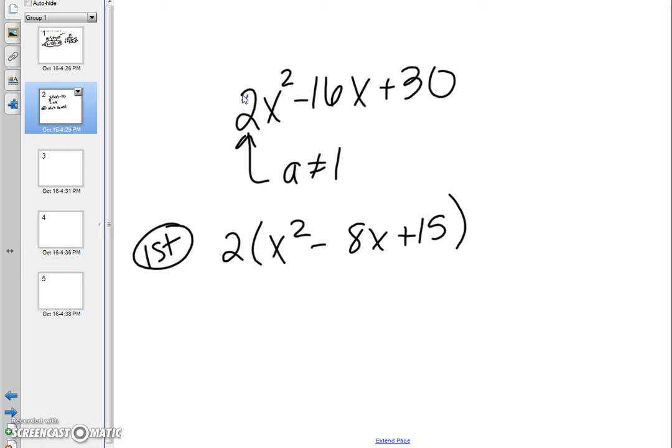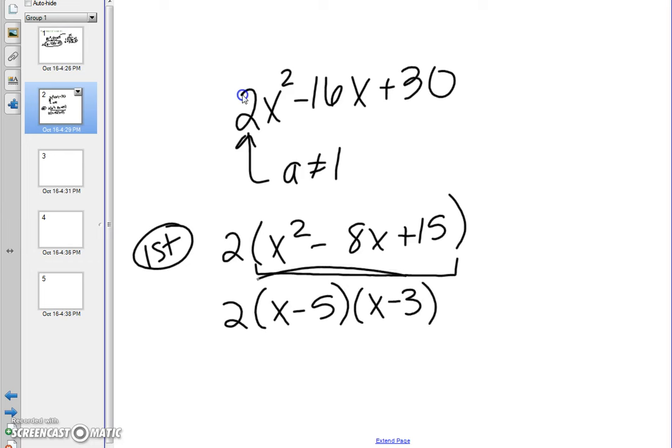What I've done after I factored out that 2 is I made that trinomial a little bit simpler. Now that trinomial that I underlined has A to be 1, the coefficient in front of x squared is 1, and now we can just go straight into factoring like we just had.